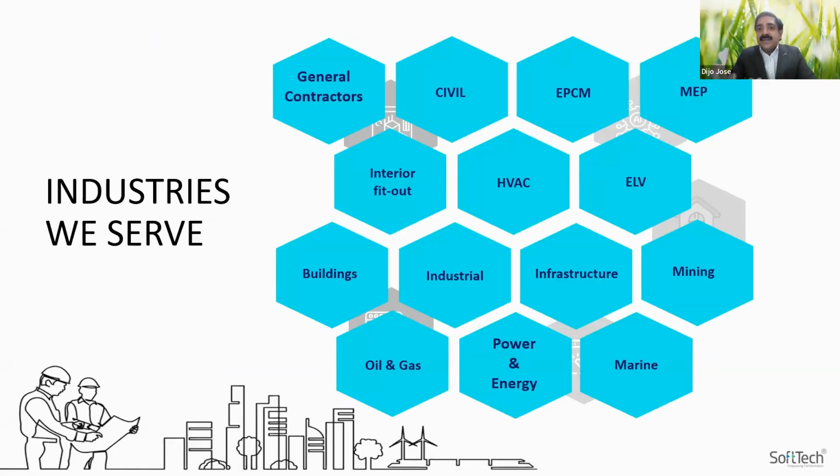You will have the domain experts like your civil subcontractors, EPCM, MEP, ELV, or HVAC, all of whom have the same process when we get into execution. It starts with an RFP, submission of your estimation, your project management, and your procurement and inventory related to the disciplines you're going to deliver as part of the overall project. Moreover, if you are a general contractor, you have the option to subcontract to your respective discipline entities so that you can monitor the subcontractor assignments you have made and their performance in executing the project moving forward.